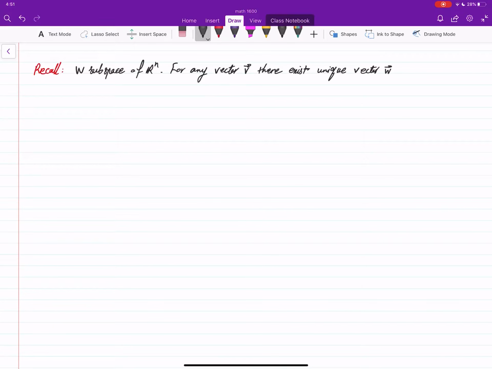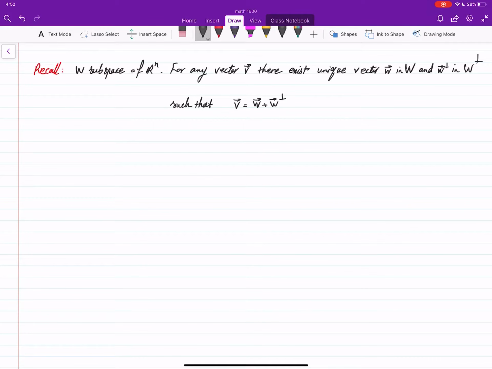One, let's call it vector w, in subspace W, and vector w perp in subspace W perp, such that the vector v can be written as the sum of these two.